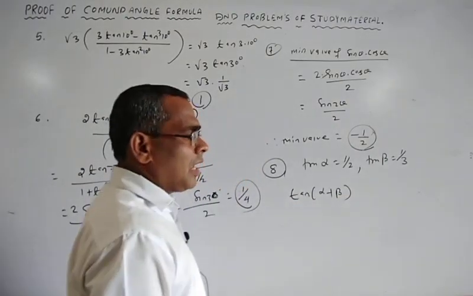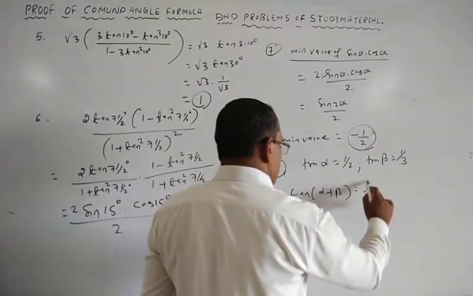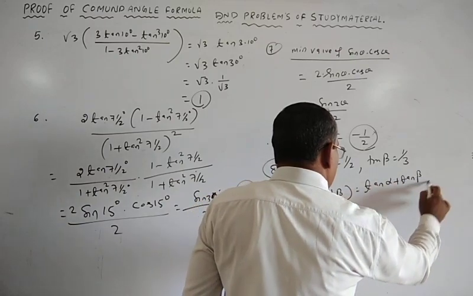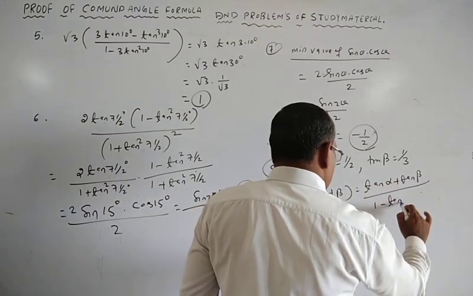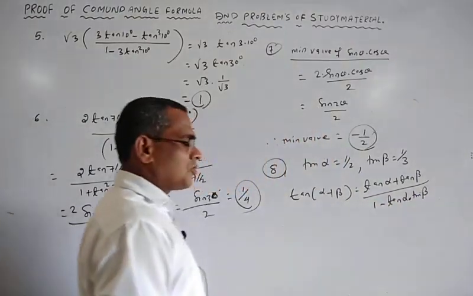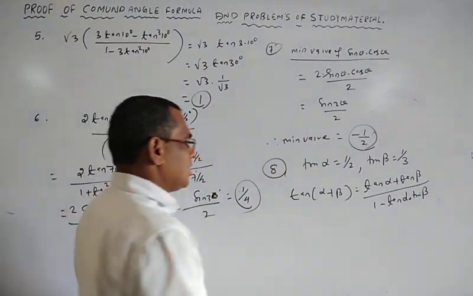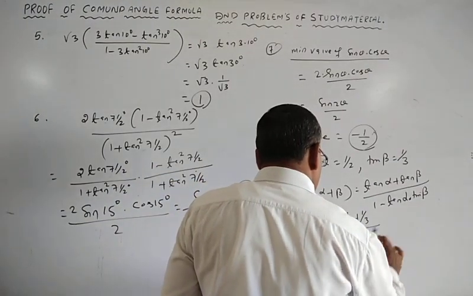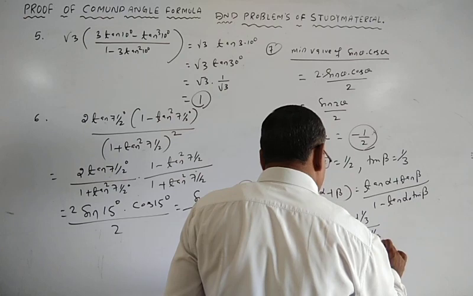So tan of alpha plus beta is equal to tan alpha plus tan beta by 1 minus tan alpha into tan beta, and substitute this value. Tan alpha is equal to 1/2 plus 1/3 by 1 minus 1/2 into 1/3.